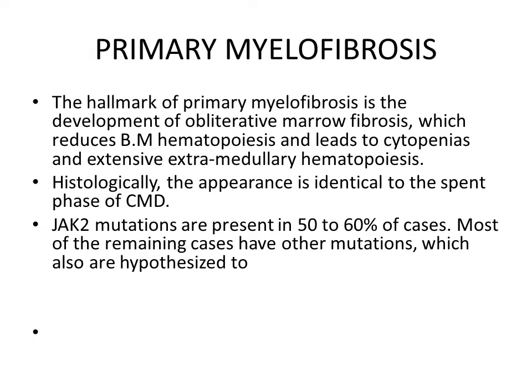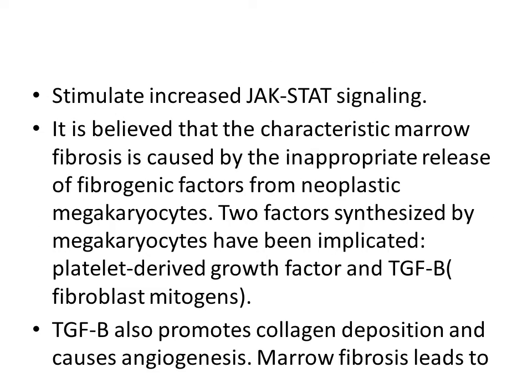Most of the remaining cases have other mutations which also are hypothesized to stimulate the increased JAK-STAT signaling. So whatever the mutations are there, it is supposed that these will stimulate the JAK-STAT signaling, maybe JAK2 or some other mutations.